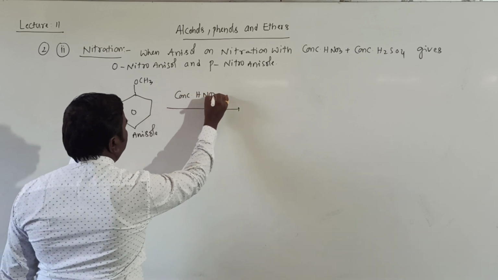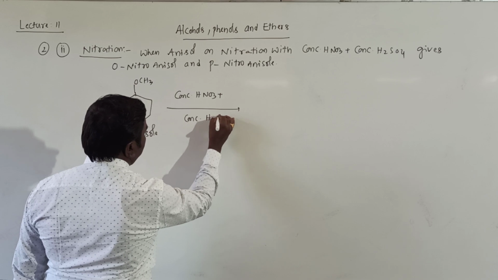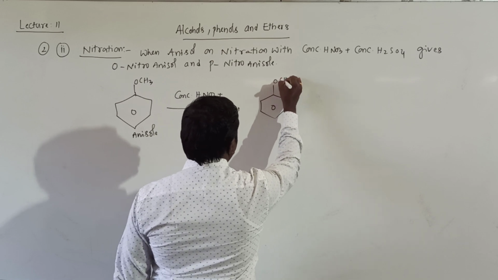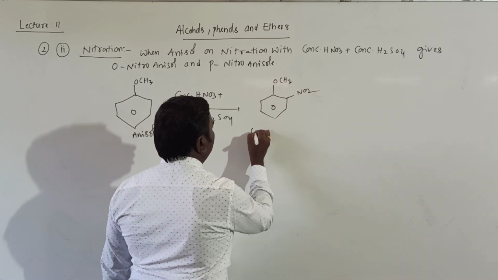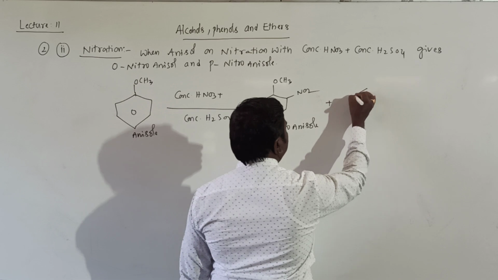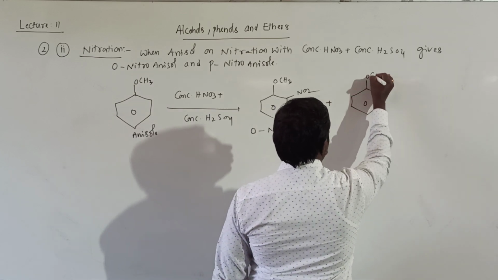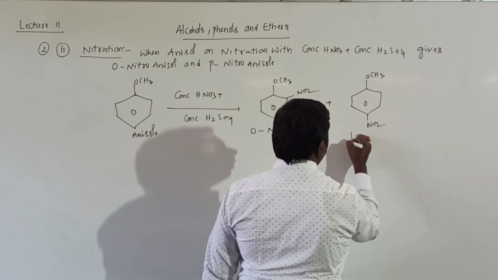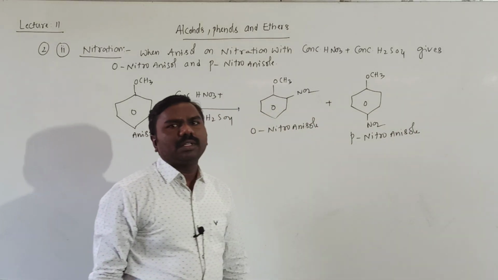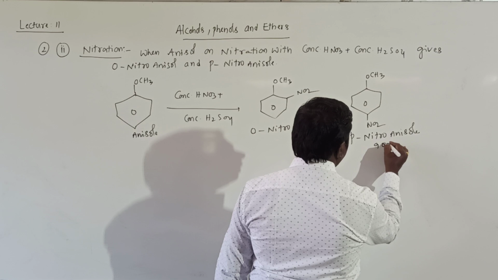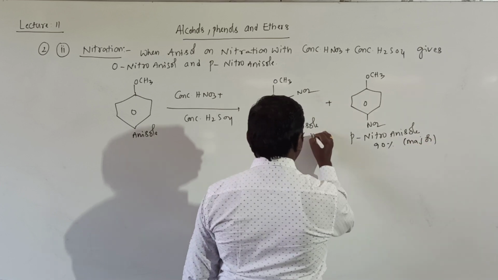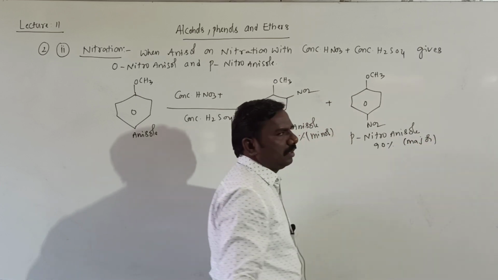With concentrated HNO3 plus concentrated H2SO4, the products formed are OCH3 with NO2, orthonitroanisole, plus paranitroanisole. Para is 90%, ortho is 10%: para is major and ortho is minor. We already know the reasons.